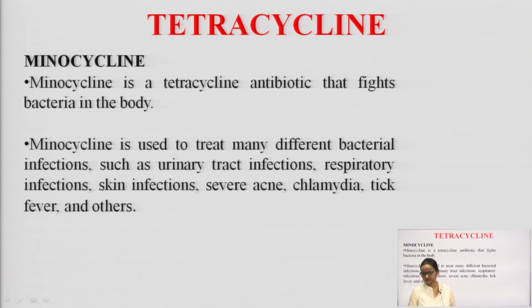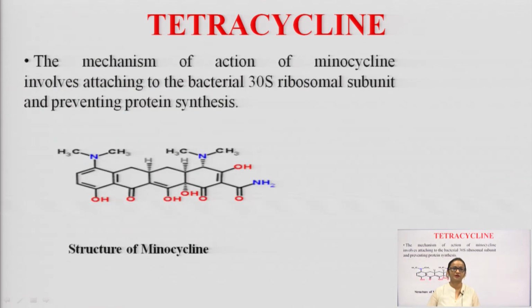Okay. Next, minocycline, it is a tetracycline antibiotic that fights bacteria in the body. It is used to treat many bacterial infections such as urinary tract infection, respiratory infection, skin infection, acne, chlamydia, tick fevers, etc. The mechanism is the same, it binds to the 30S ribosomal subunit.